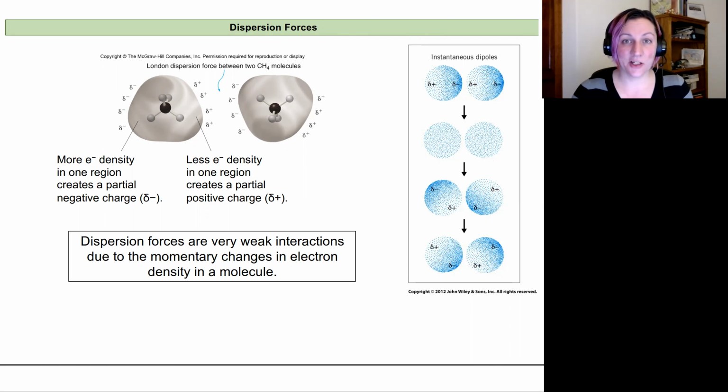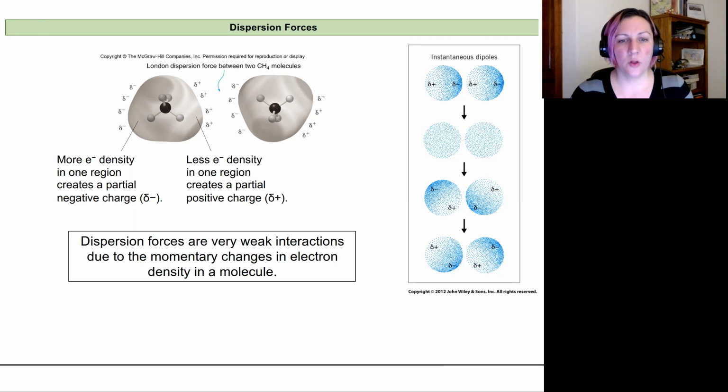In this lecture, we are going to focus just on London dispersion forces. These are the weakest of our intermolecular attractions to other molecules, and this is because they have the smallest amount of constant charge being attracted between opposite charges.